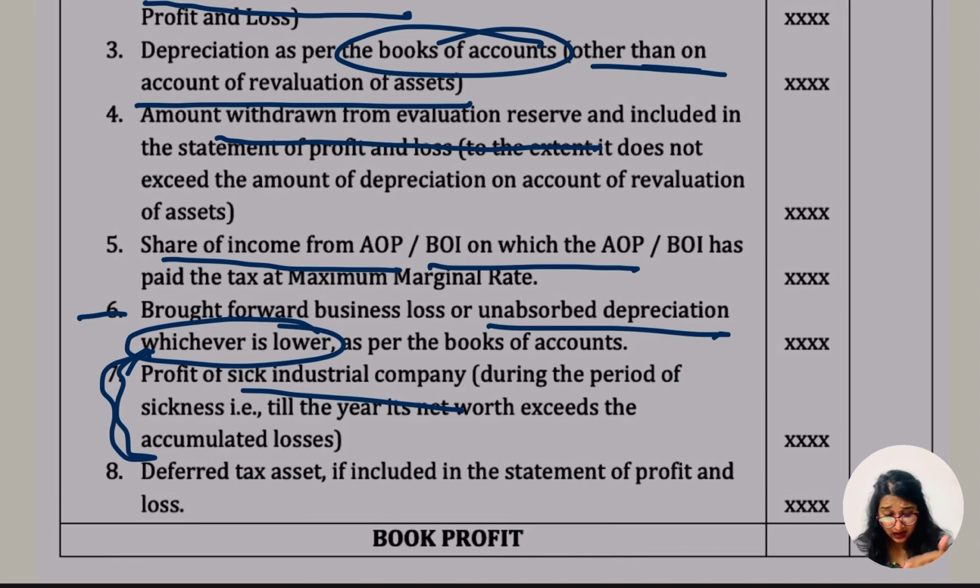As in this 6th point, they are saying either brought forward losses or unabsorbed depreciation, whichever is lower, is going to be deducted. But in those particular cases we are going to take both, meaning brought forward losses and unabsorbed depreciation both are allowed to be deducted.